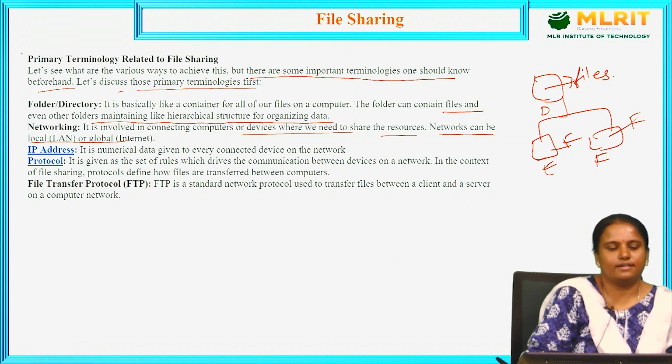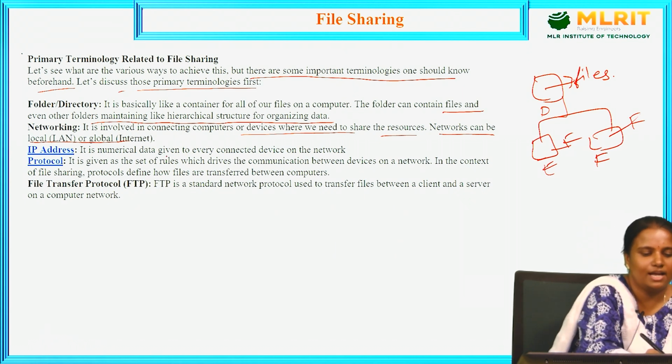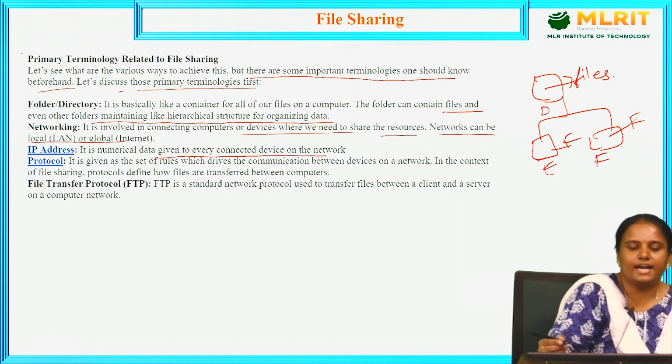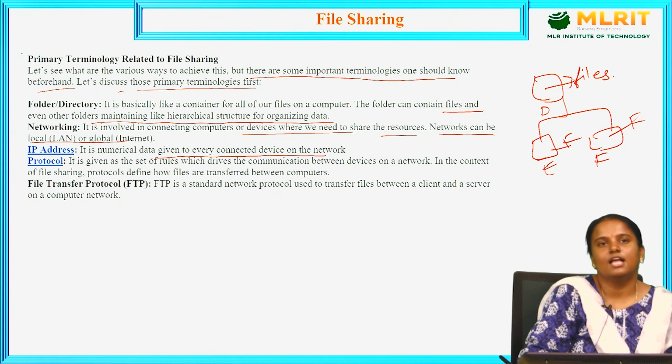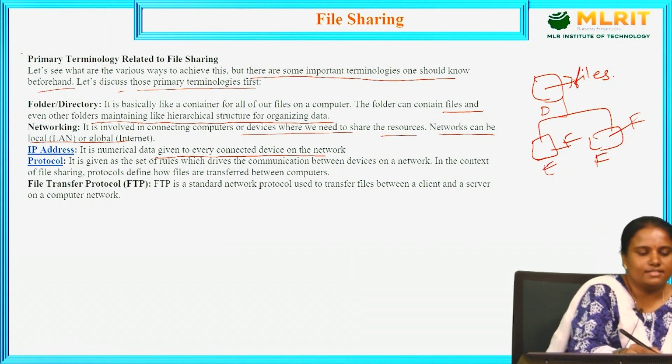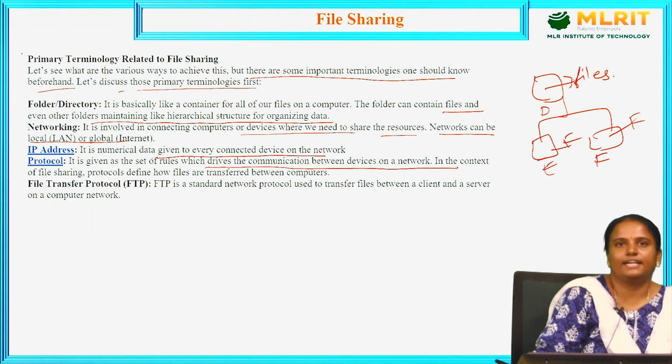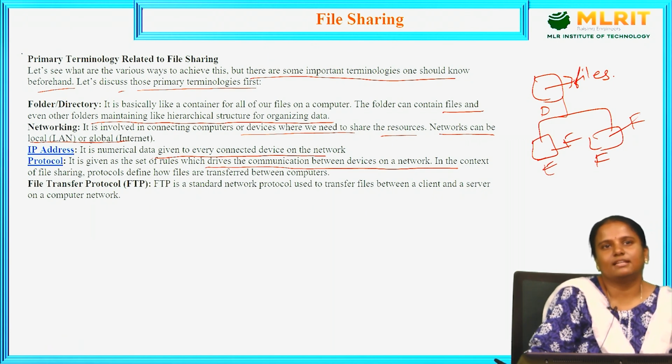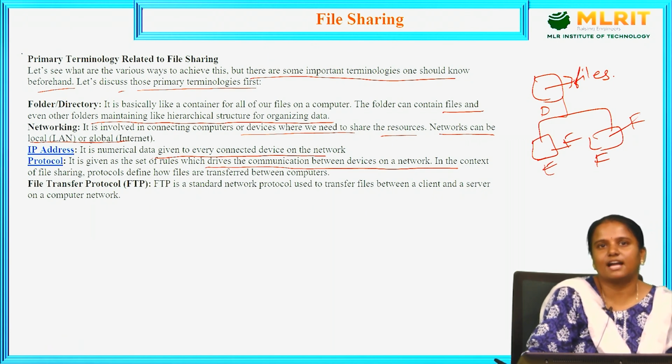An IP address is a numerical label given to every connected device on the network. Based on the IP address, devices can connect through the internet or any network. A protocol is a set of rules which drives the communication between devices on a network.